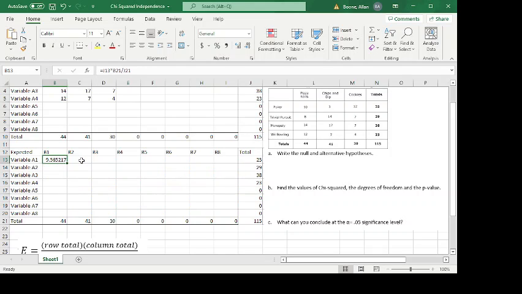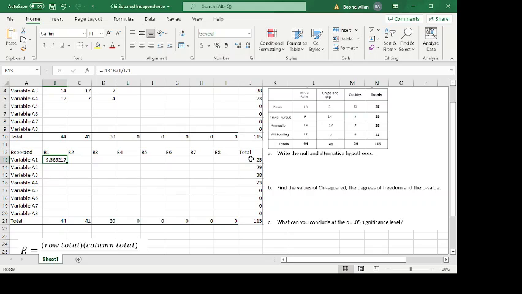Well, if I paste it into C13, I would want to have the same referenced row. I still want that 25, which is the J13, which means that I do not want the letter J to change.